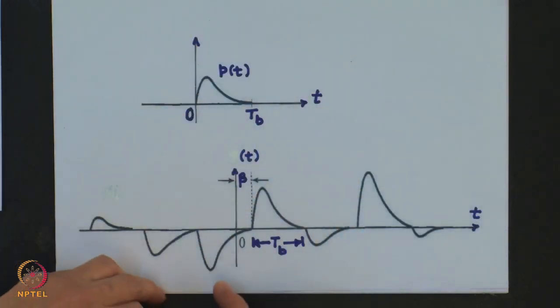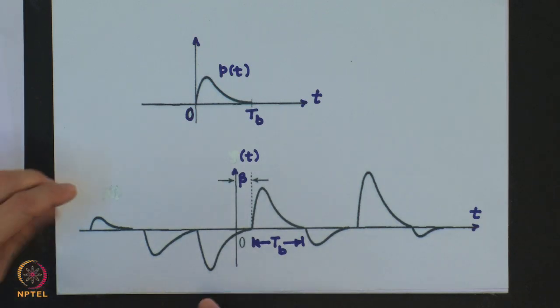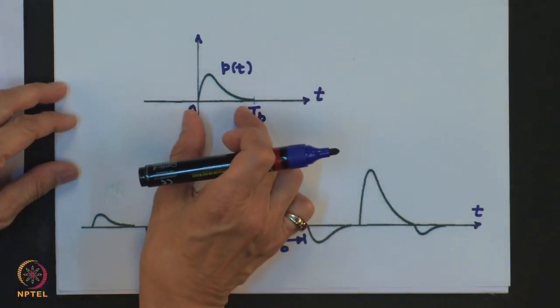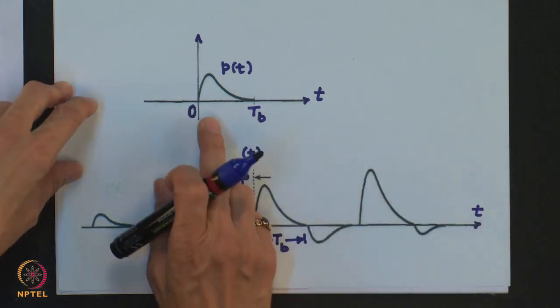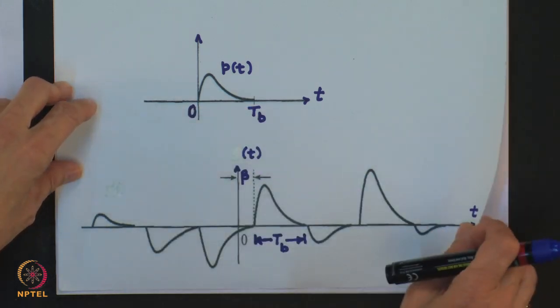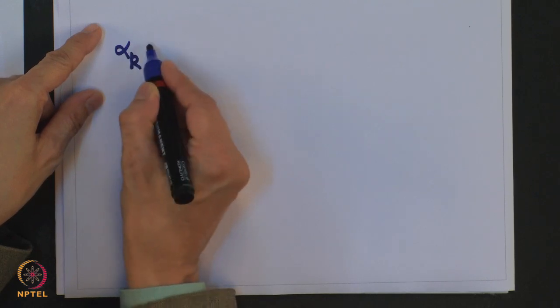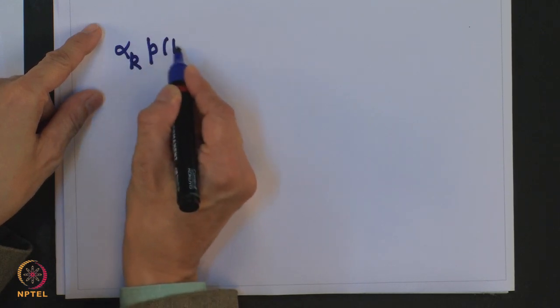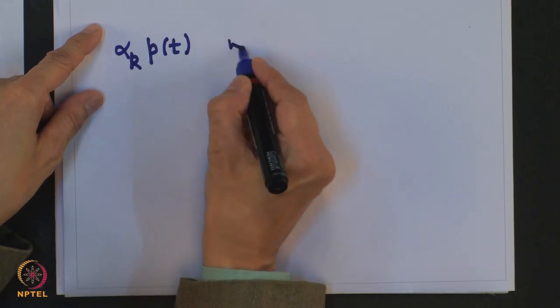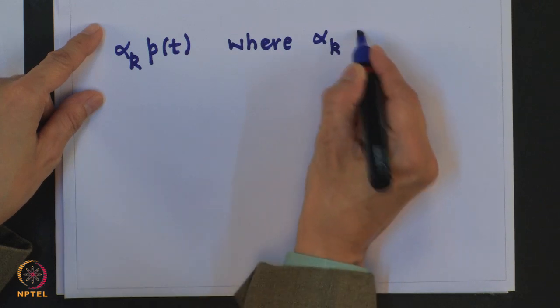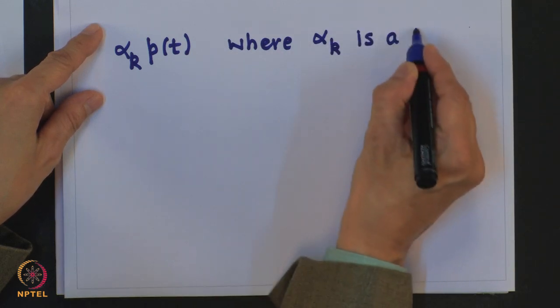This is one form of p(t) which I have shown here. So, successive pulses are separated by Tb seconds, and the kth pulse is denoted by alpha k p(t), where alpha k is a random variable.